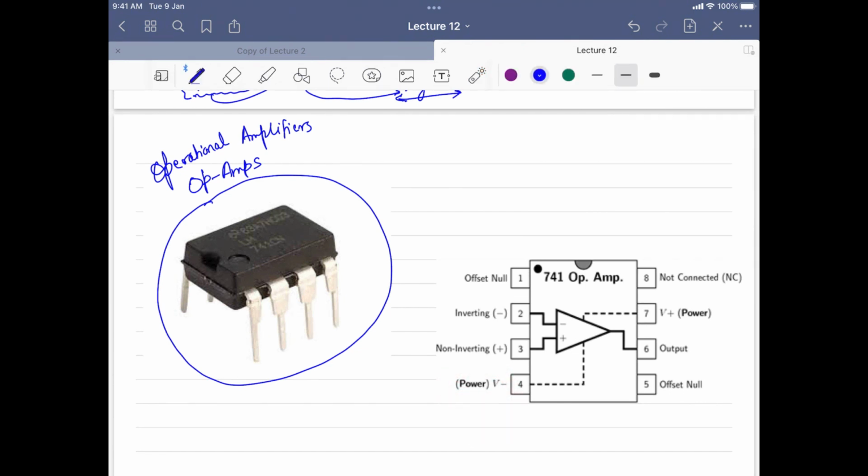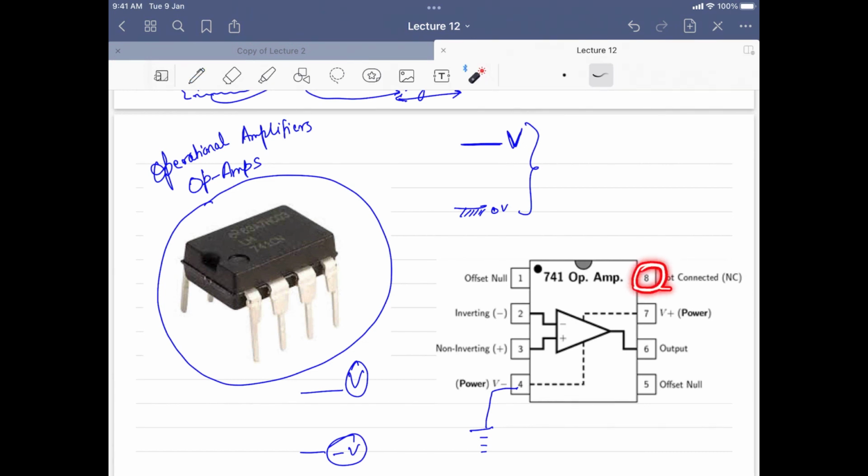Earlier they used plus and minus bipolar supplies, V and minus V, but nowadays they use unipolar supplies, V and ground. So you can connect this to ground on your breadboard. This is actually the minus terminal. This other pin is not connected, so you will not connect anything to it. It's a non-connected pin.